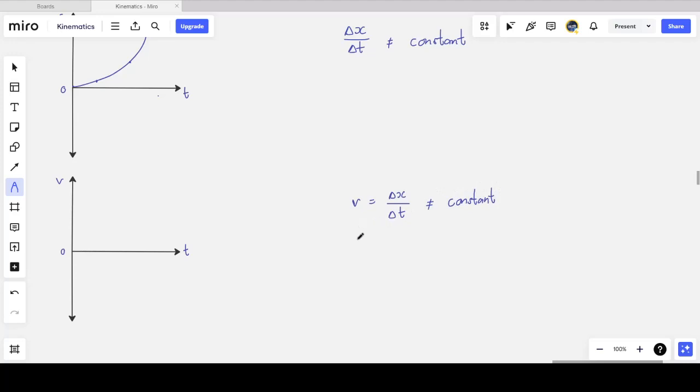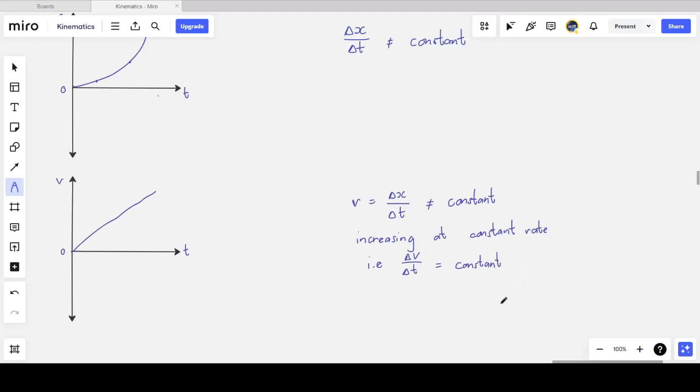We can immediately discard that, but it is increasing at a constant rate because the acceleration is constant. So if the velocity is increasing at a constant rate, meaning uniform acceleration, then we should have a line that has a constant gradient, that is a straight line. And what this means is that delta v by delta t is equal to a constant.